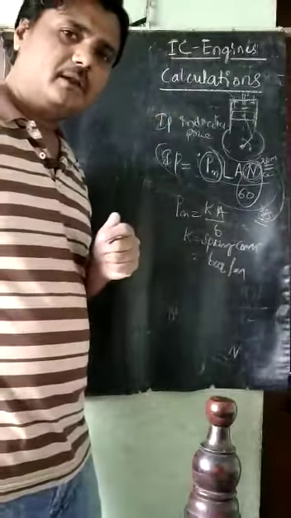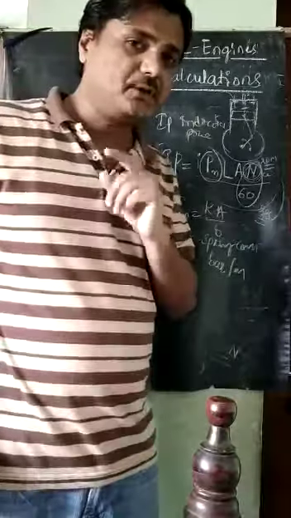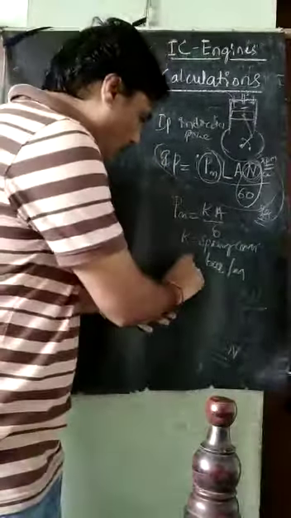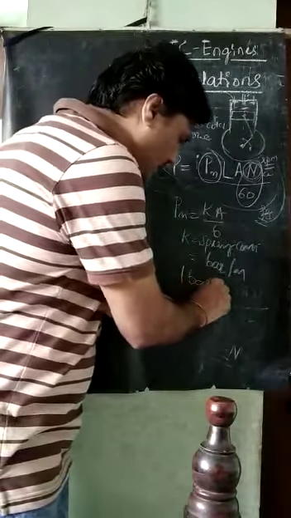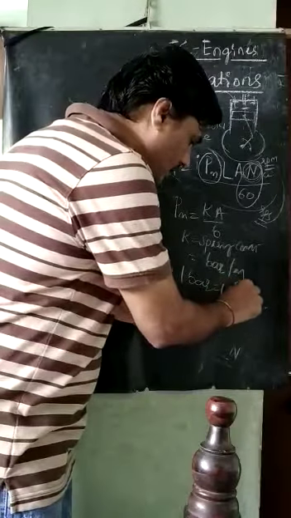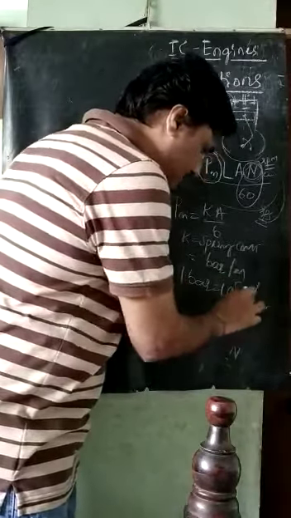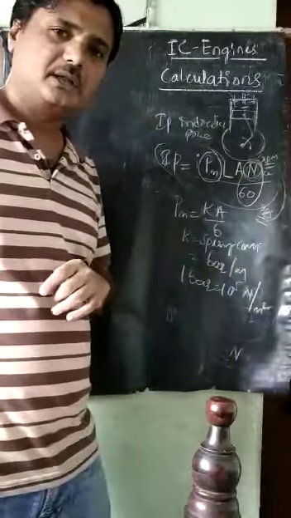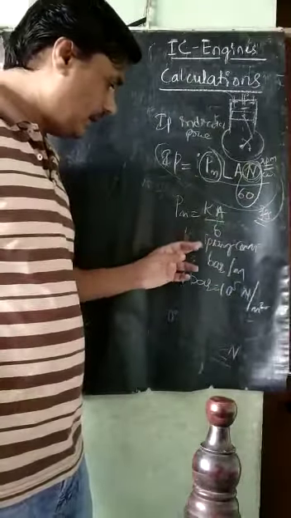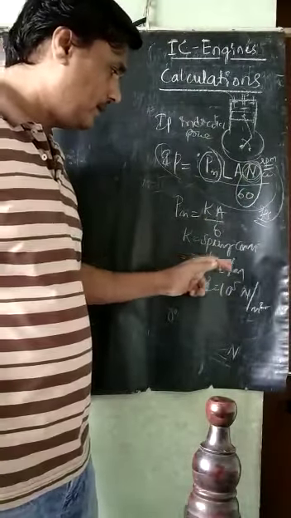What is bar? Bar is the pressure unit. 1 bar is equal to 10 raised to 5 Newton per meter square. This is the unit conversion. This is the spring constant, bar per meter.